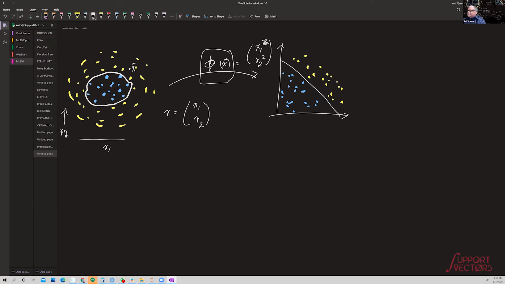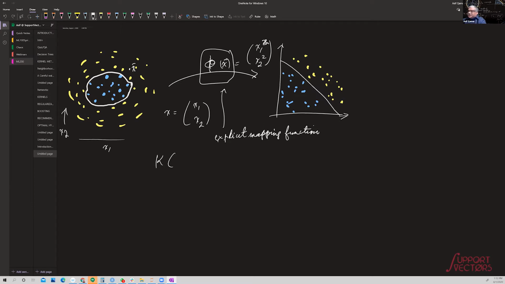It's an explicit mapping function. On the other hand, if you can't, it turns out that you don't really need to, so long as you can find the dot product in the higher space between two points. So the kernel function, that is what it was.